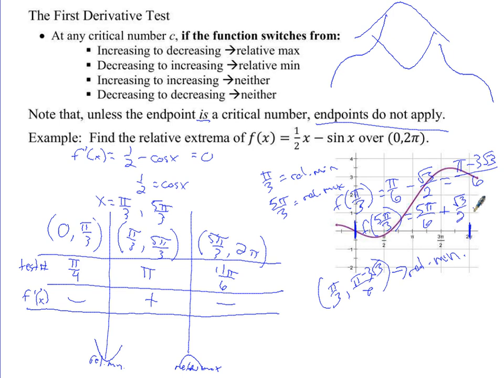So that's like 3 root 3 over 6. So my y value is going to be 5 pi plus 3 root 3 over 6. So then I have the ordered pair 5 pi over 3, comma, 5 pi plus 3 root 3 over 6. And that is a relative maximum.